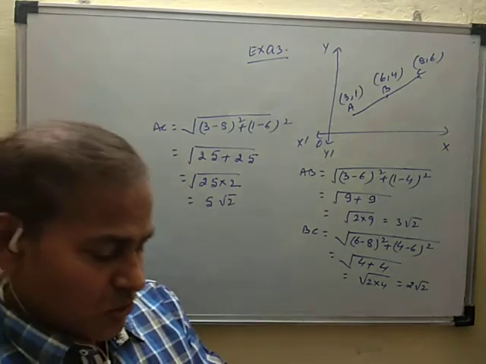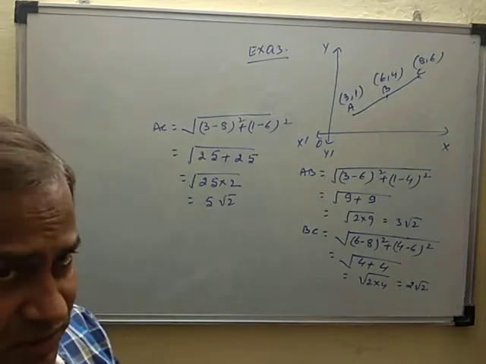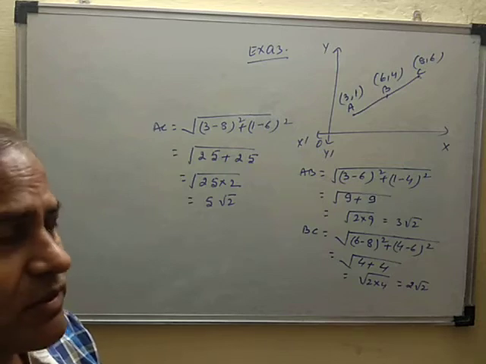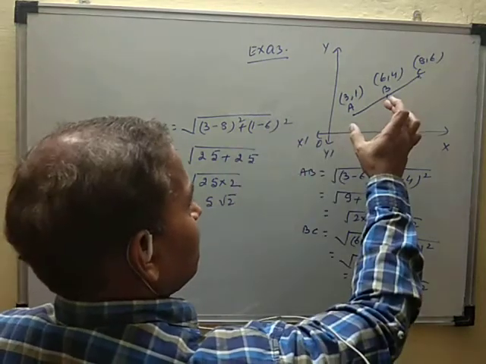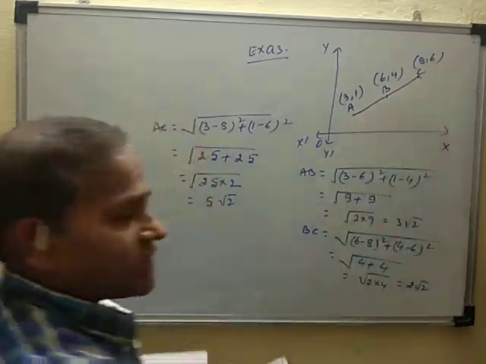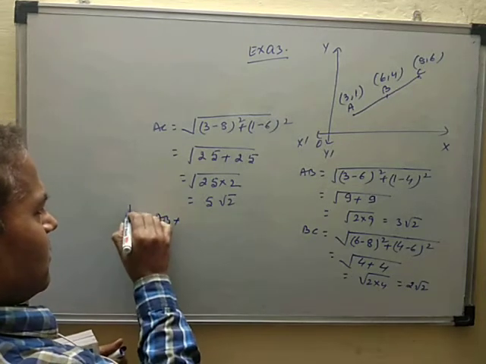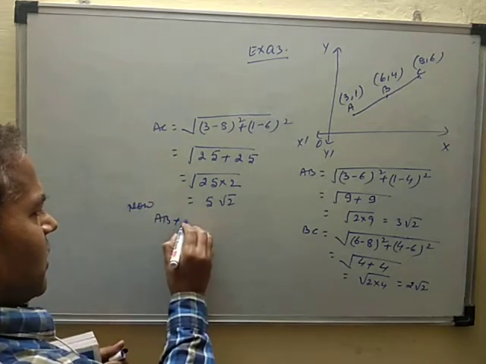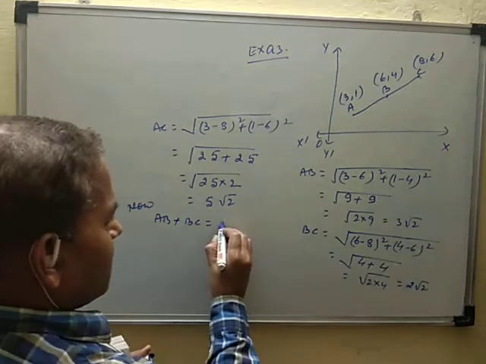Question is, do you think A, B, C all are seated in a row in a same line? Same line. So for same line क्या शो करनी होगी? We have to show that AB plus BC is equal to AC. So now find AB plus BC. AB plus BC is equal to, what is the length of AB?